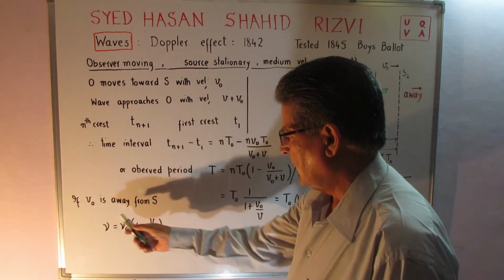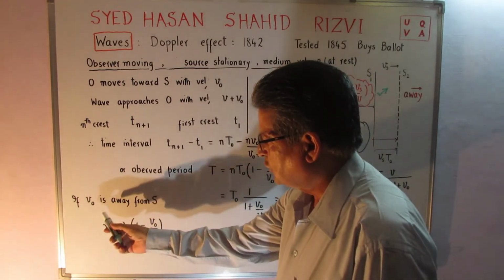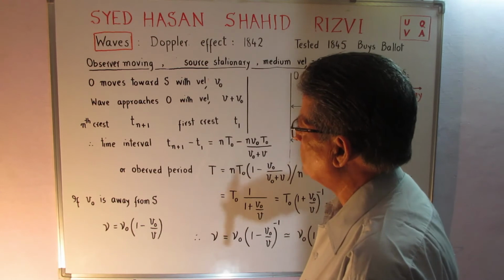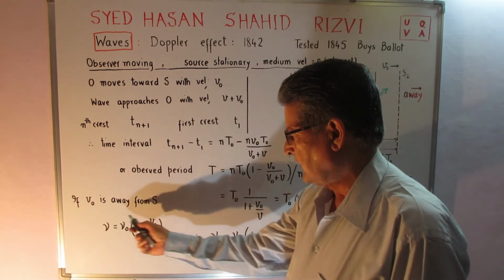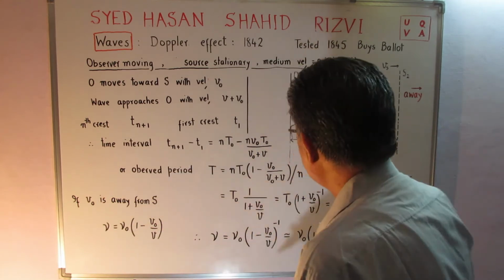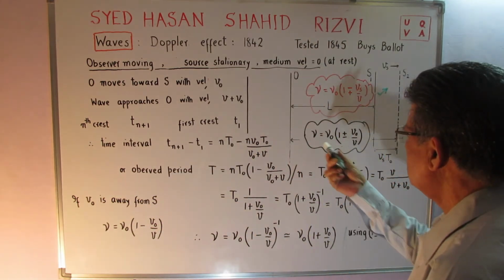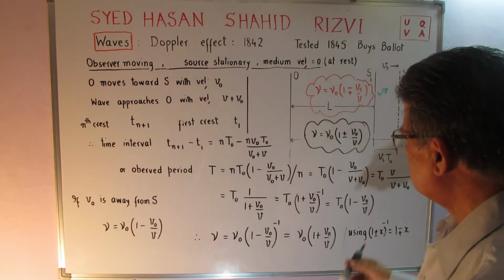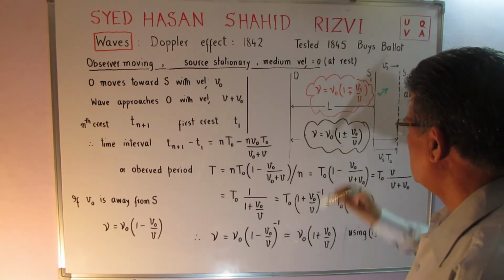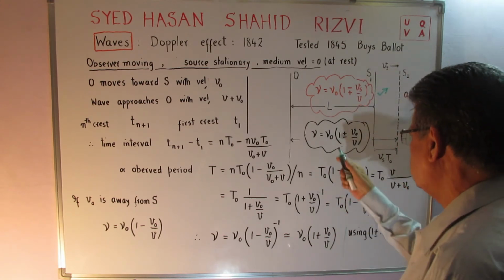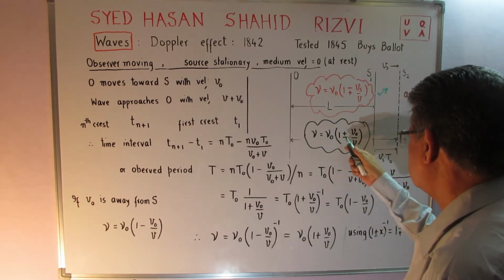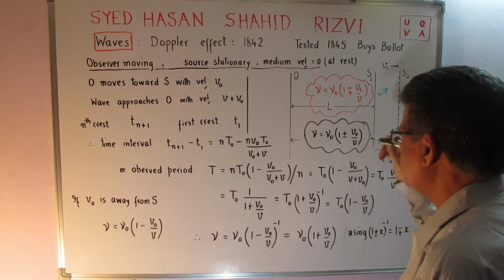So I obtain the relation for the observer moving away from the source. These two relations can be combined here: nu is equal to nu naught, the original frequency, times 1 plus or minus v0 upon v.